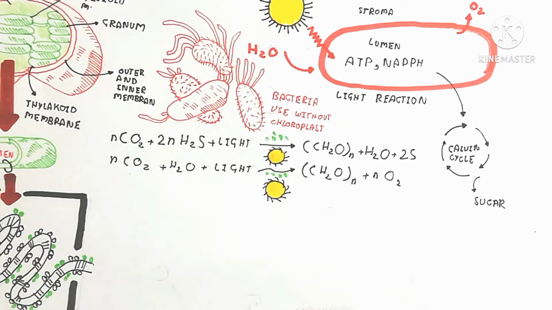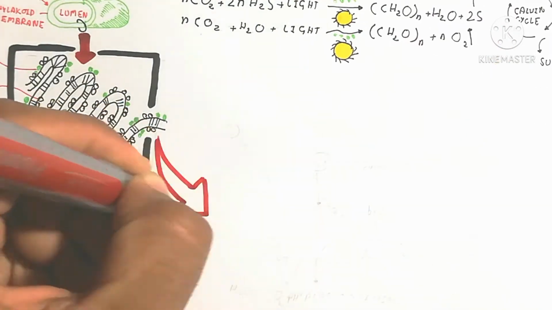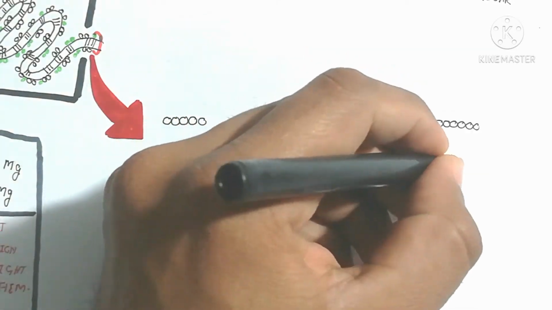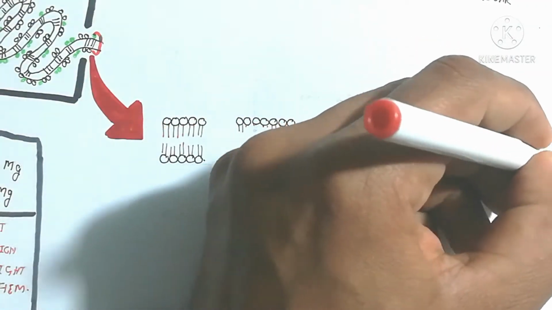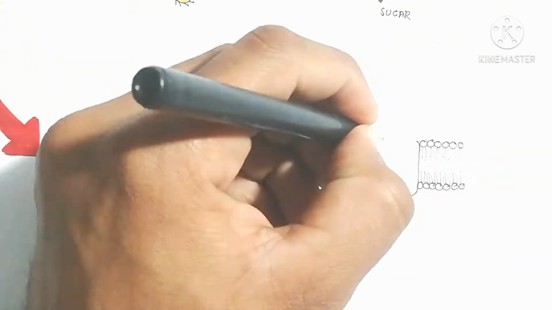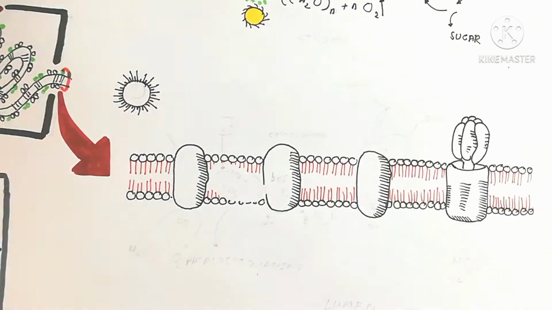Next we will discuss in the form of a graph. First of all, we will discuss the electron transport chain in the sense of chemiosmotic synthesis of ATP as well as NADPH in the case of the light reaction.